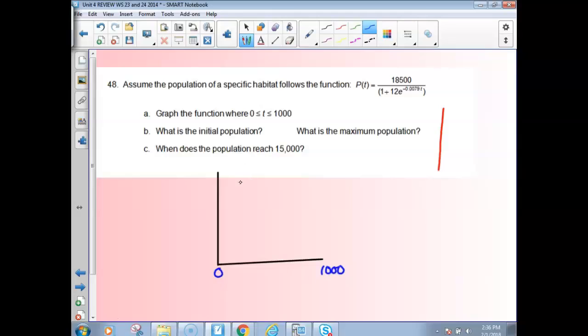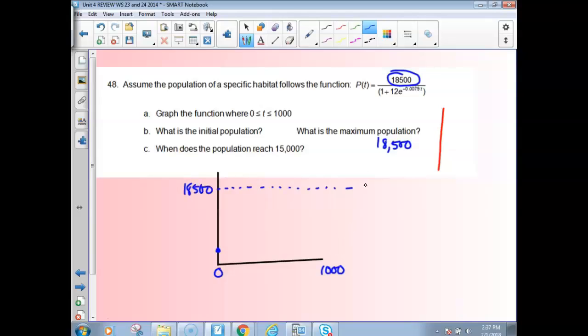What's the initial population? Well, that would be the y-intercept, and we need to figure that out. Okay, what's the max population? That's given. It would be the part of the equation that has the ceiling, the number on the top here, 18,500. That's my asymptote. You need to show that that's 18,500.